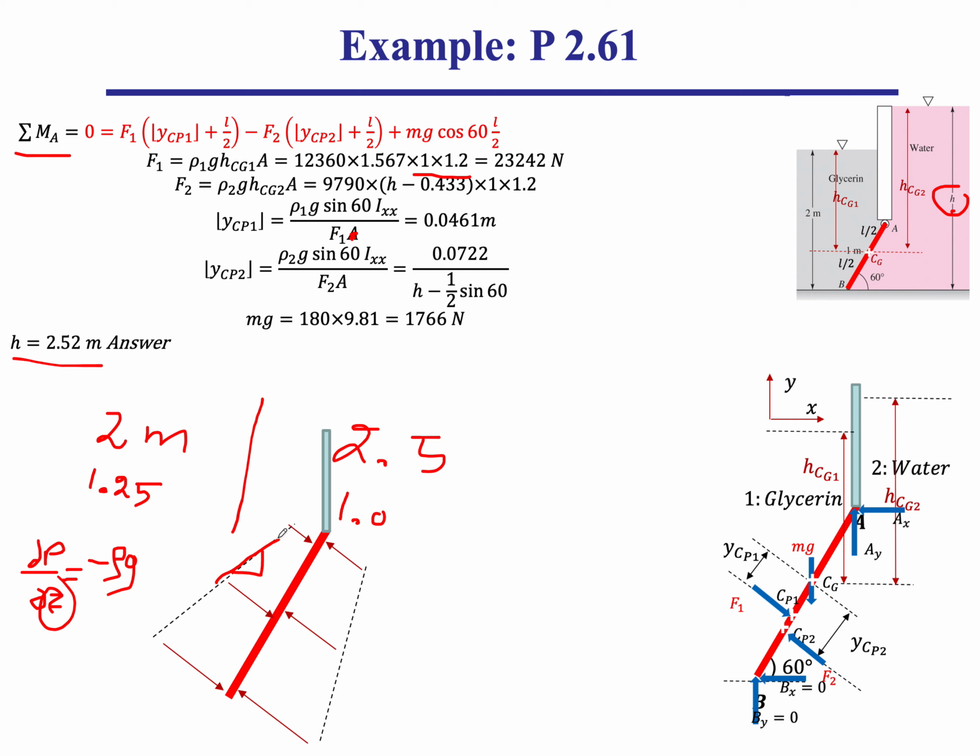So I have a different slope for the glycerin side because I have a different density than I have for the water side. That's the basic point we're trying to convey with this example, and then the rest is just using formulas and plugging in pieces of information that we have.